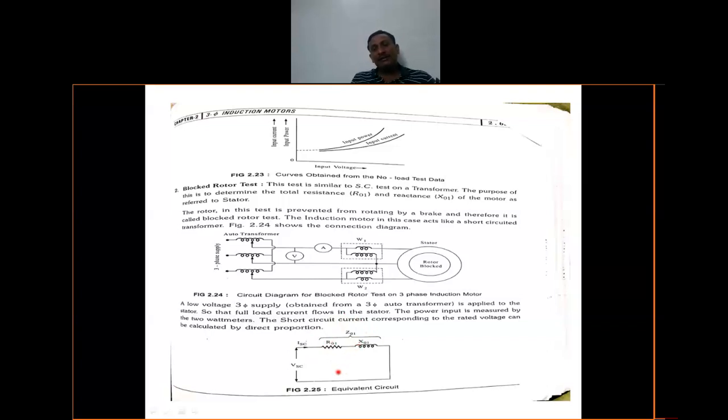Here is one careful consideration. Iron losses depend on voltage, and the voltage is low, so in the block rotor test we can neglect iron losses. And friction and windage loss is also neglected because the rotor is blocked, that means it is not rotating.